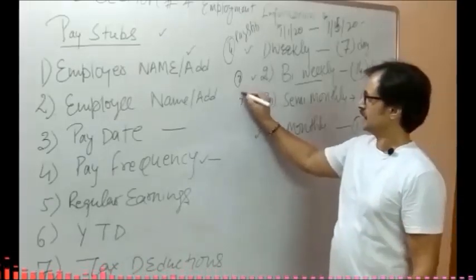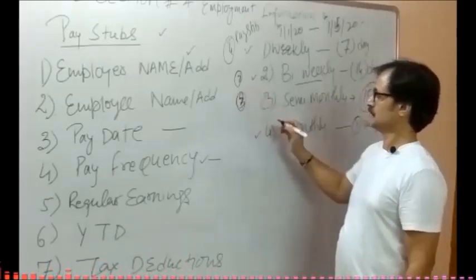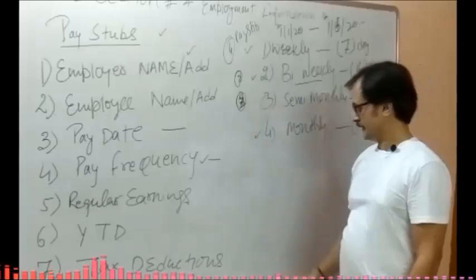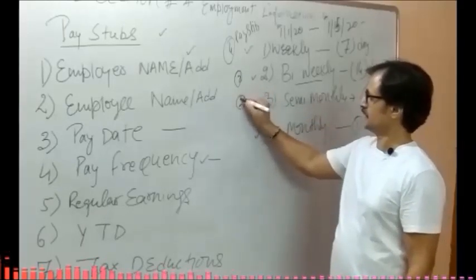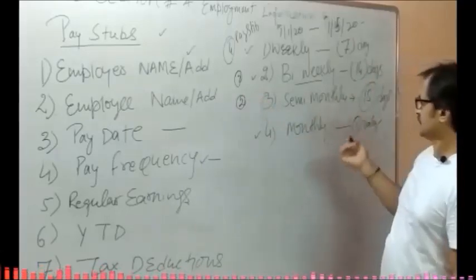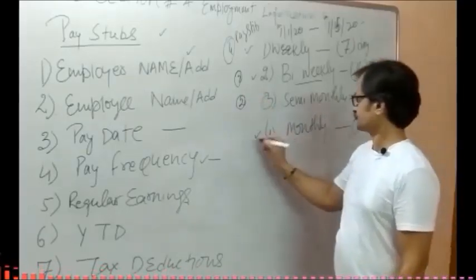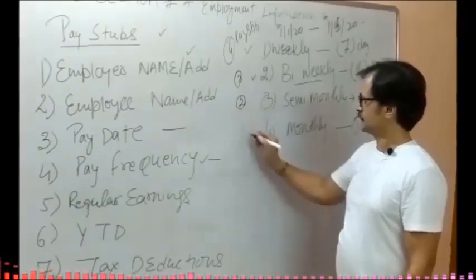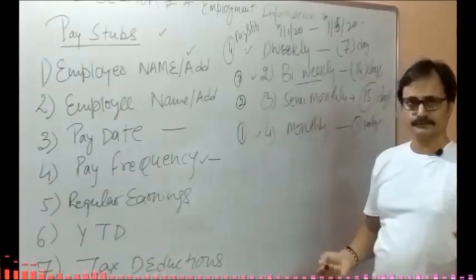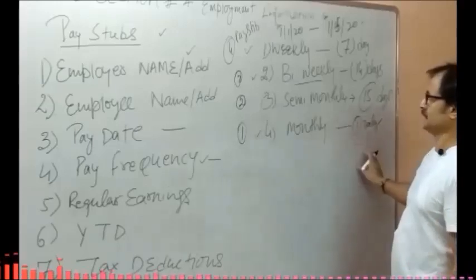In the third, again at least 2 pay stubs to cover 30 days of monthly income. And number 4 is just 1, because 1 pay slip is going to cover the entire month, right?